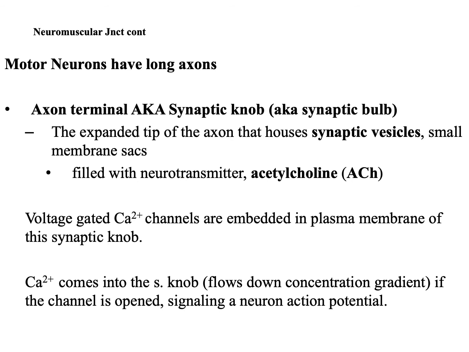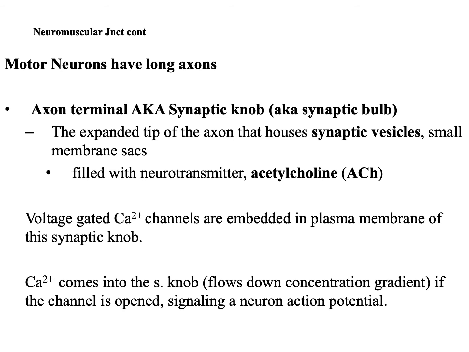So when that neuron sends down that signal from the cell body of the neuron all the way down the axon, when it gets to the bottom of the axon, calcium is going to come into that synaptic knob. When calcium comes into that synaptic knob, that tells the acetylcholine it's time to get going.